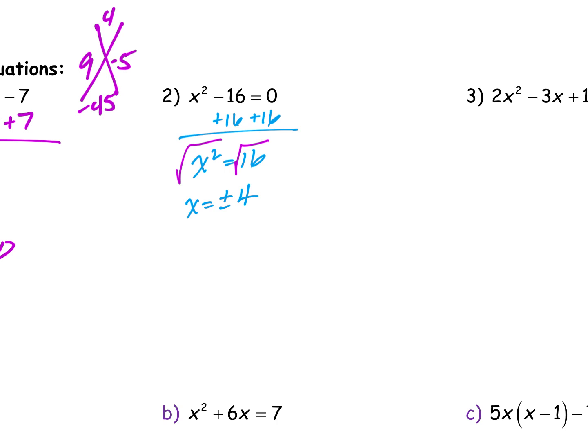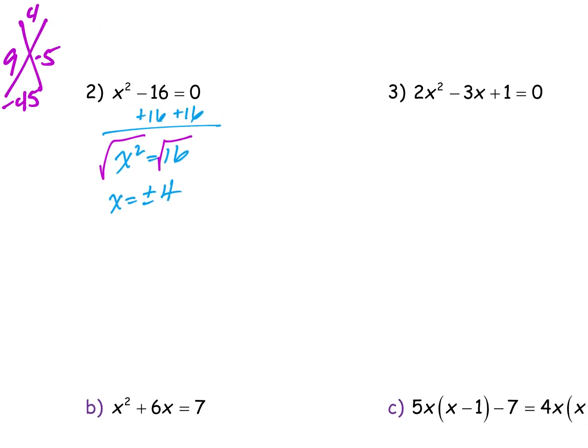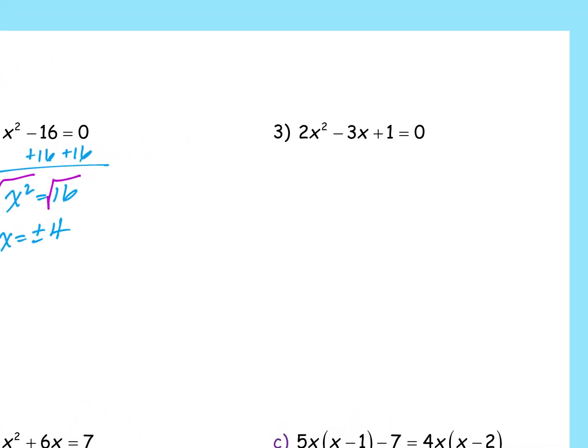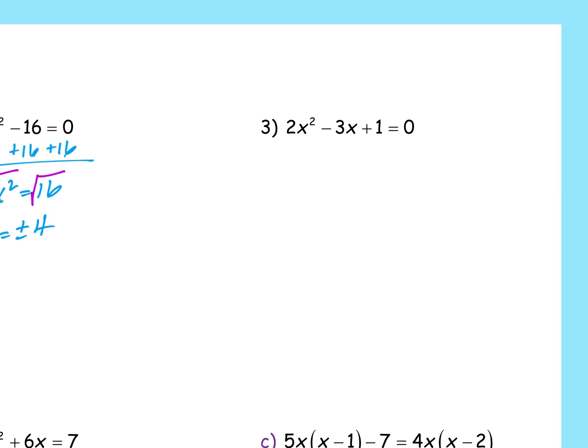And then on the last one, I'm going to use the quadratic formula. I'm actually going to do it on this one. And the quadratic formula says this. It says if I have ax squared plus bx plus c equals 0, then x is going to equal negative b plus or minus the square root of b squared minus 4ac, all divided by 2a.